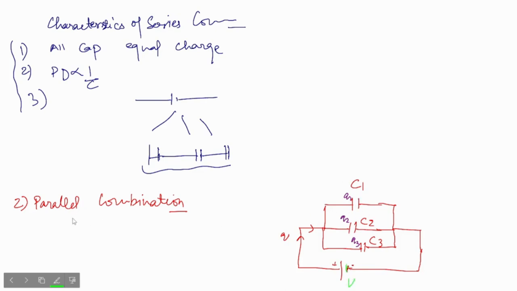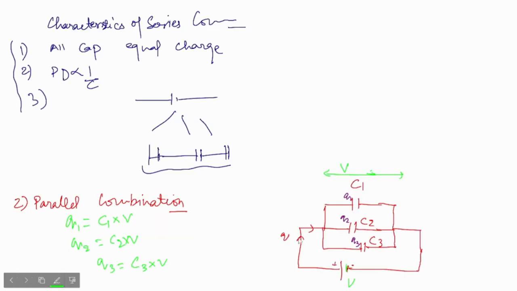Now, what will be Q1? Q1 will be C1 into V, because the potential across each capacitor is V, since they are all connected in parallel. Q2 will be C2 into V, and Q3 will be C3 into V. The net charge given to these capacitors is Q equals Q1 plus Q2 plus Q3.